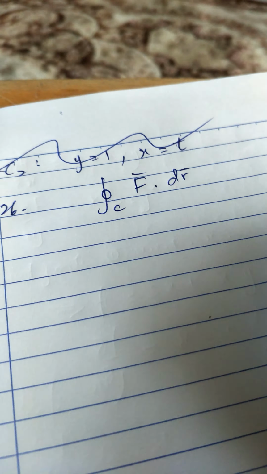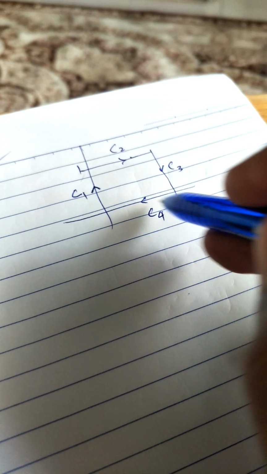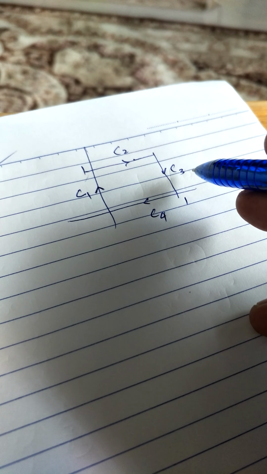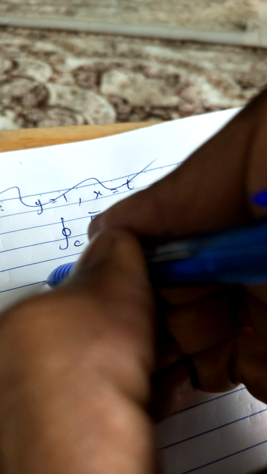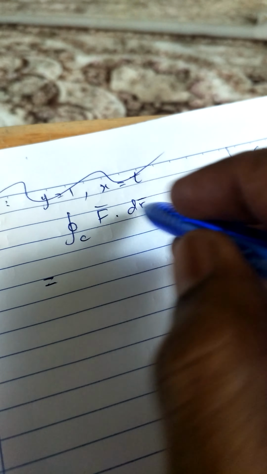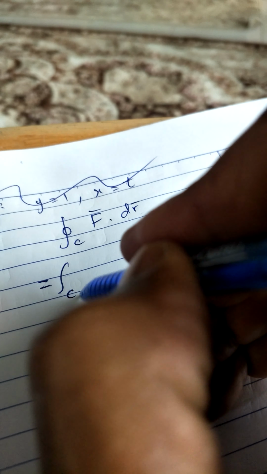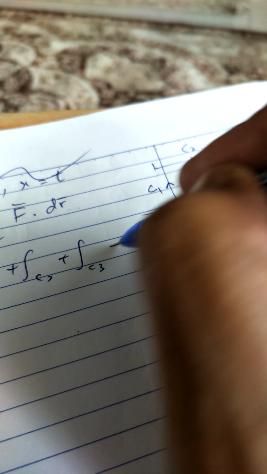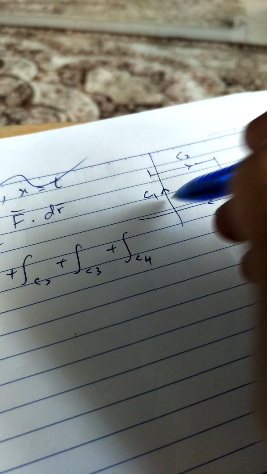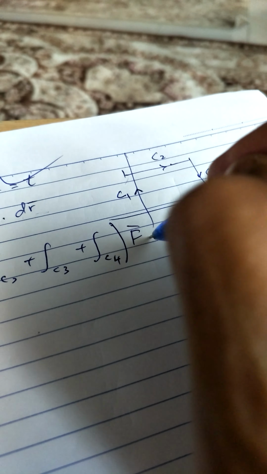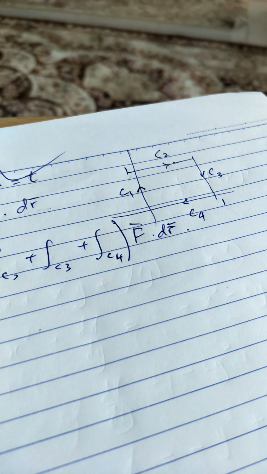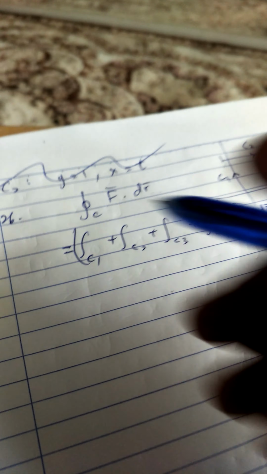Since this is multiple smooth curves, our closed integral can be written as C1 plus C2 plus C3 plus C4, because we have 4 curves there, F dot dr. So consider them one by one.